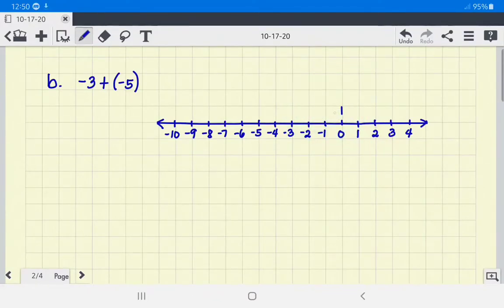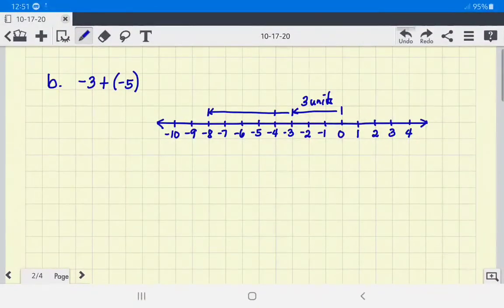How many units do we move to the left side? We have to move 3 units, up to here only. And then plus negative 5. Since this is again a negative integer, we're going to move another 5 units in a negative direction, starting from negative 3 up to here: 1, 2, 3, 4, and then 5.